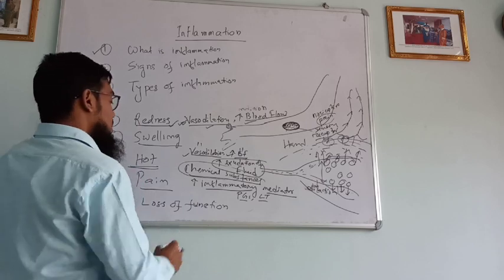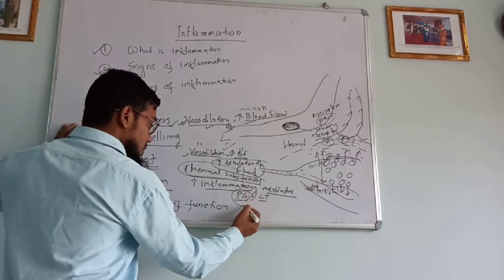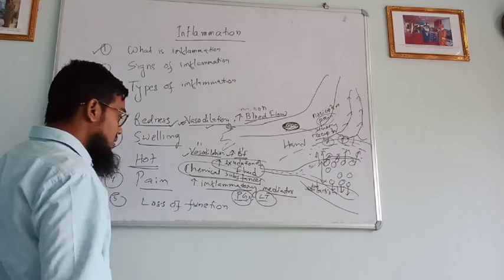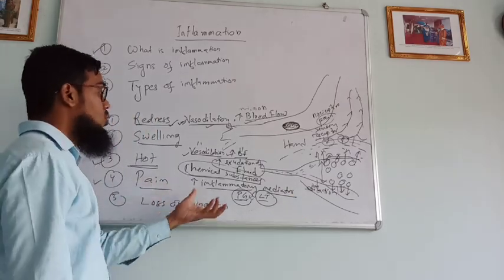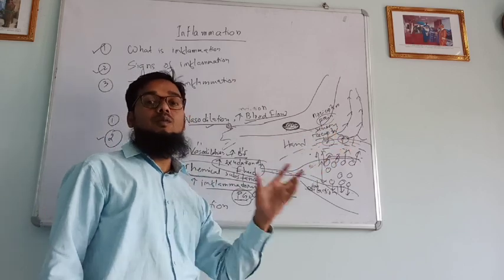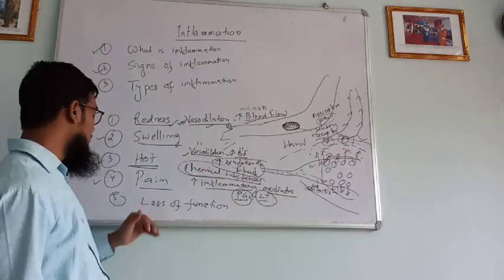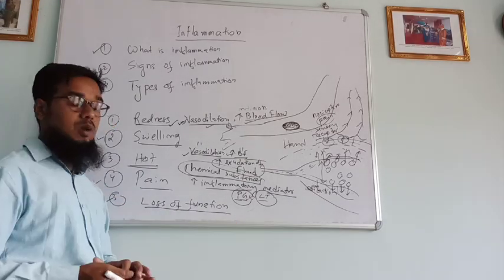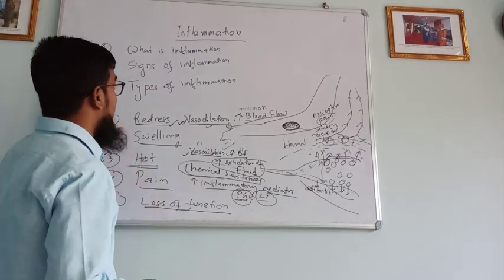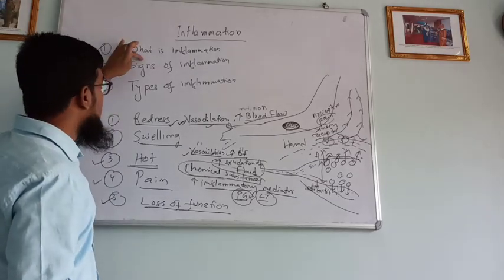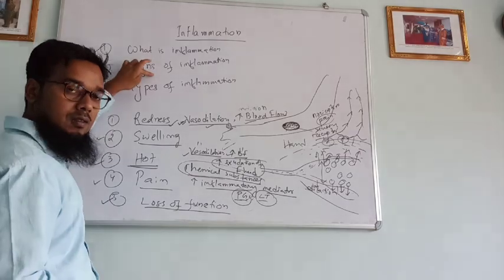And pain: these inflammatory mediators, prostaglandins, leukotrienes or other substances, are released and activate the sensory receptors, and we feel the pain. And lastly, in some cases, loss of function takes place. That's the signs of inflammation. So we discussed what inflammation is and the signs of inflammation.